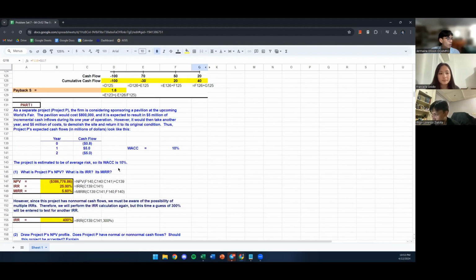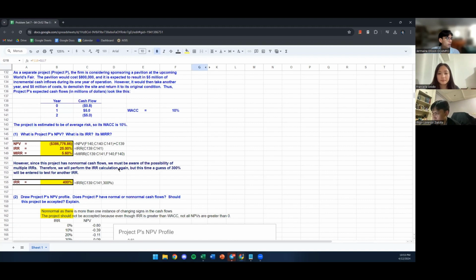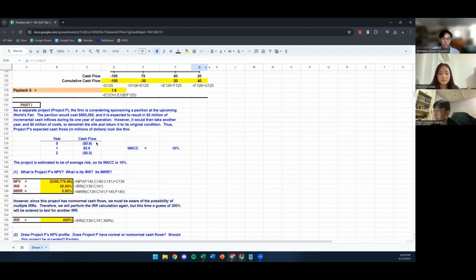Now, for part I, we were asked to compute the NPV, the IRR, and the MIRR of project P. So, using the given below, we use the NPV function of Excel to compute the net present value of the cash flows.